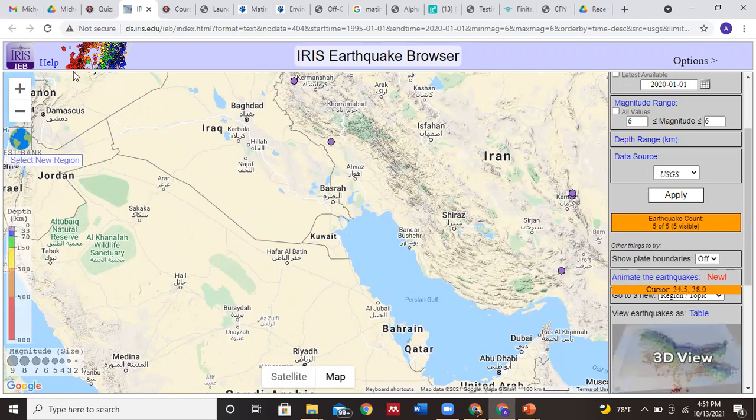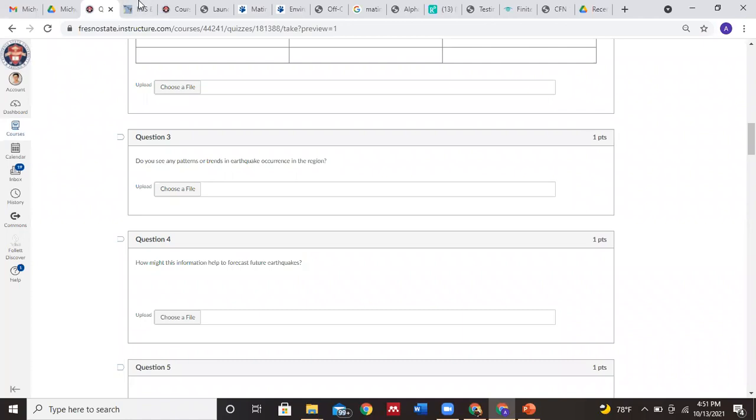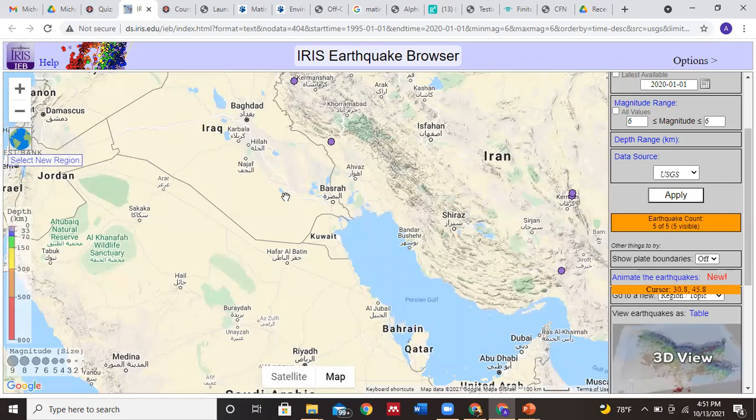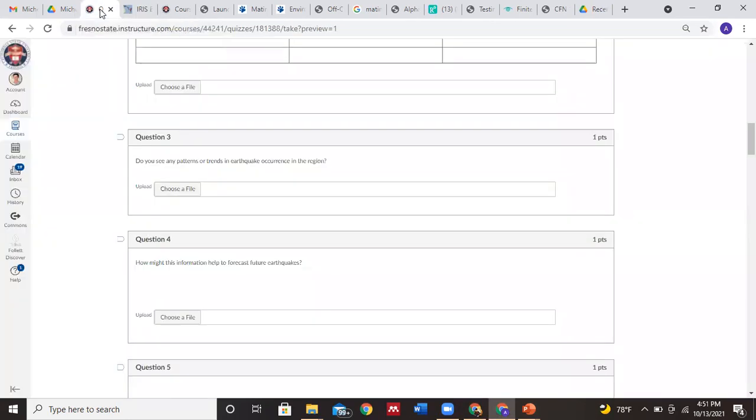You want to look for patterns in either magnitude or depth. The scale bar to the left shows the earthquakes' depth by color. Purple is the lightest, then blue a little deeper, green, yellow, orange, and red is your deepest. I don't know if you'll see red, but you can look for patterns in depth and in magnitude in your area of study, which is subjective and up to you.